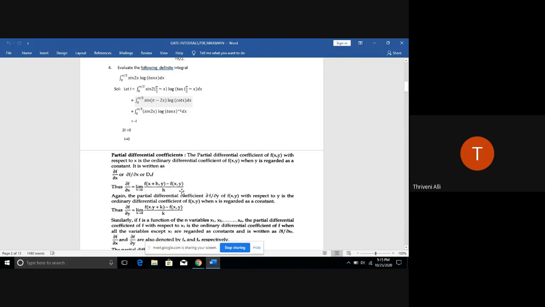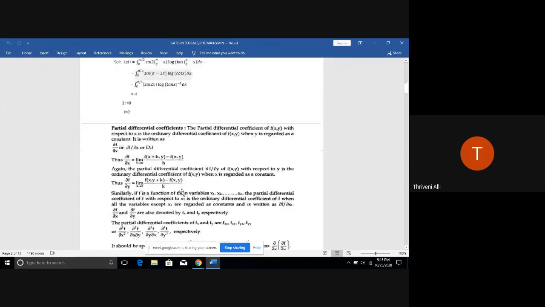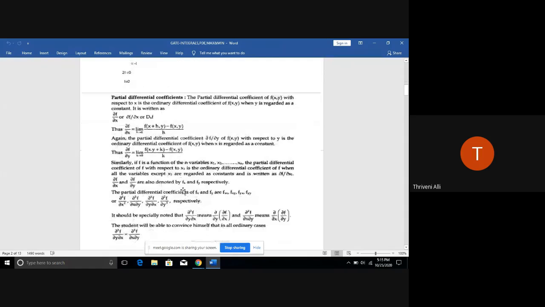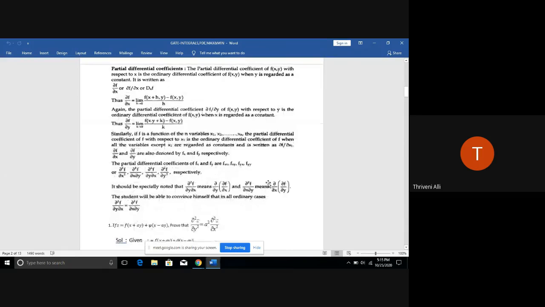So here we see partial differential coefficients like fx, f suffix x, fy. So fx means dou f by dou x, and this is the notation, okay? And fy is dou f by dou y.